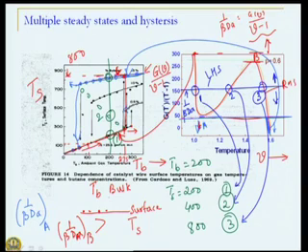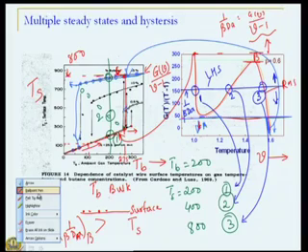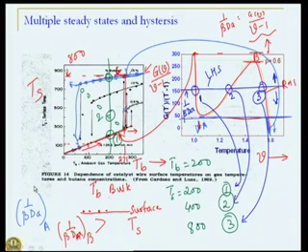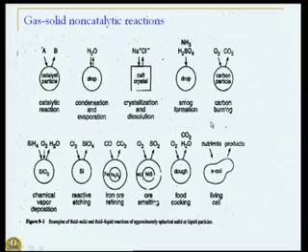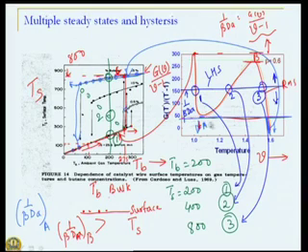So, any parameter value lower than this particular critical limit, anything lower than that, I am on the upper branch.